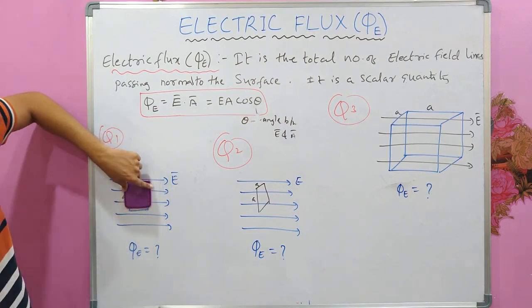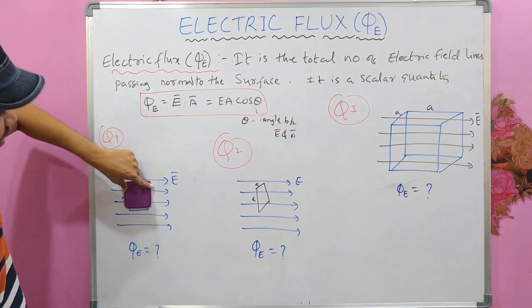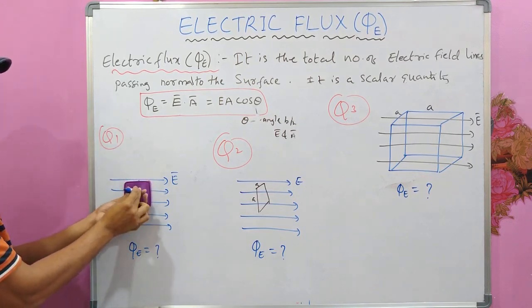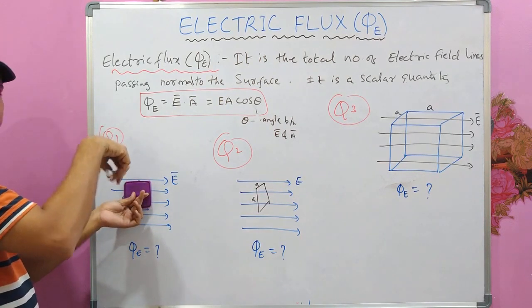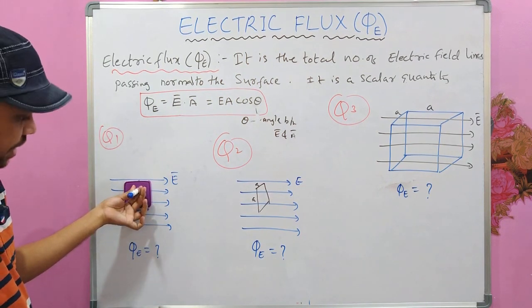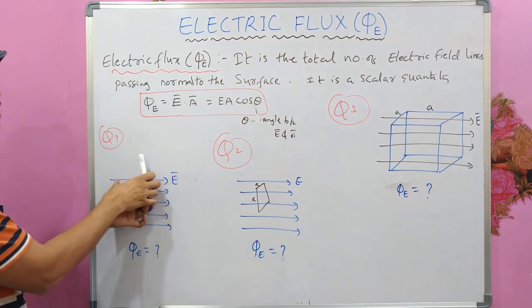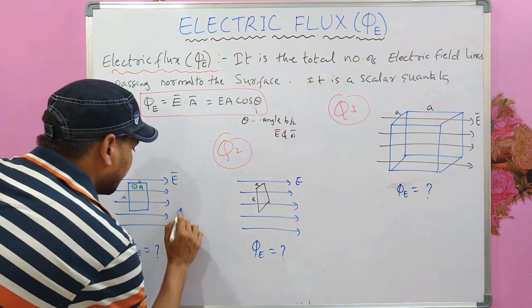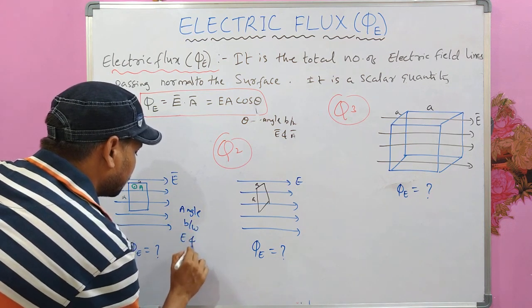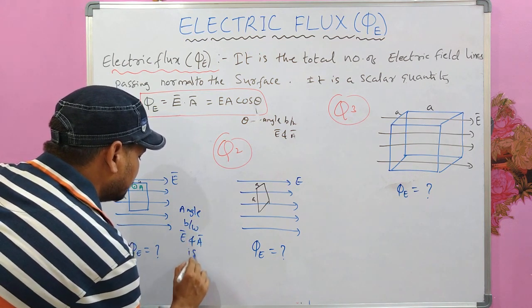This way it is placed. What is the direction of the area vector? Is it outwards or inwards? What is the angle between E and A? The angle between E and A is 90 degrees.